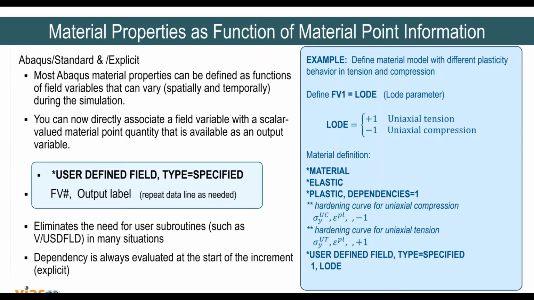Normally in earlier versions, if you had to define a material property which varies with reference to these output variables, you had to write subroutines, right? Now, with this new enhancement, there's no need of writing a user subroutine like USDFLD and so on and so forth.